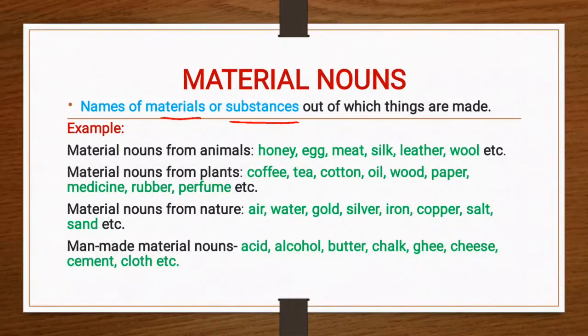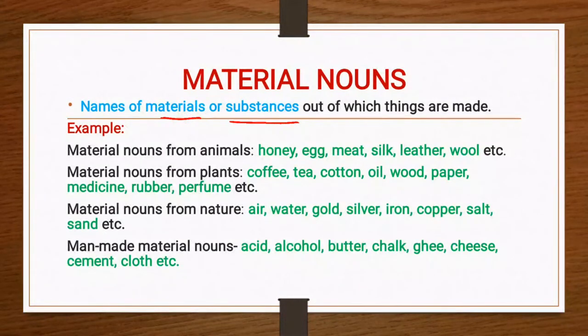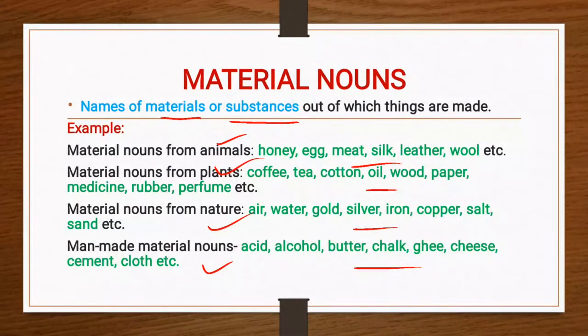So the primary source of raw materials is nature, animals and plants. And on the basis of this, we can divide material nouns into different categories: material nouns from animals, material nouns from plants, material nouns from nature and man-made material nouns. And here is the list of all the material nouns.